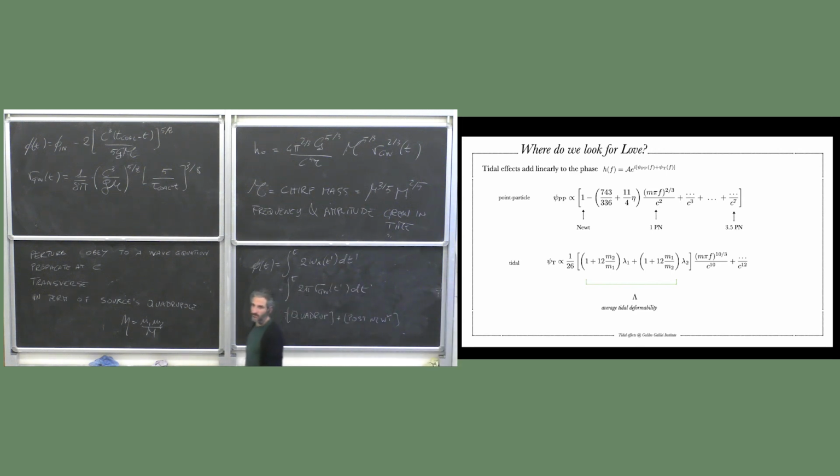And indeed, we measured it for the first binary neutron star event, and in particular, this combination was, at very high confidence level, the measurement of that parameter lambda there excluded 0, which means that there was some matter, because that lambda is different from 0 only if there is matter around.